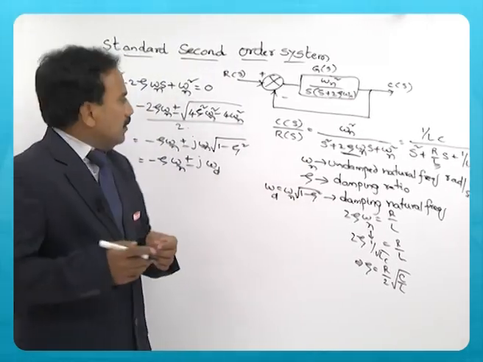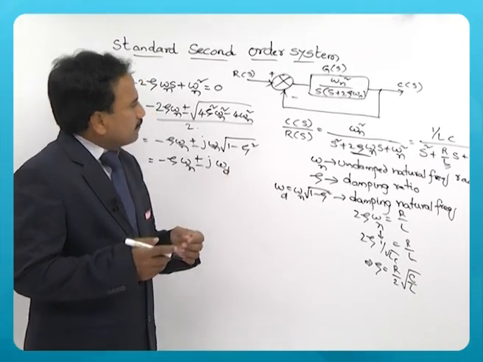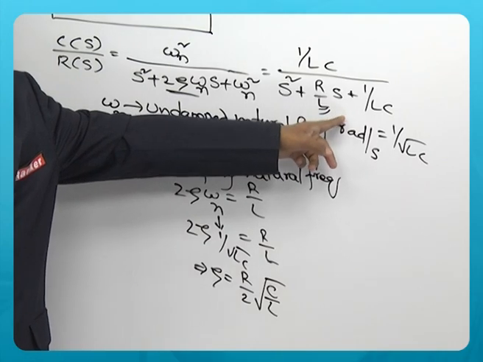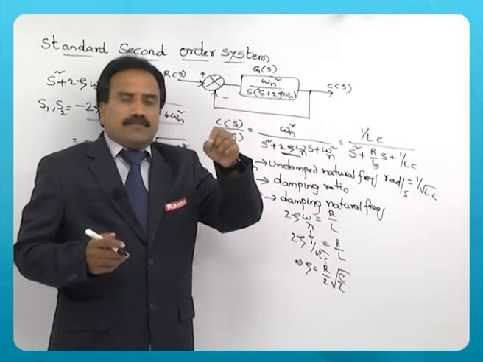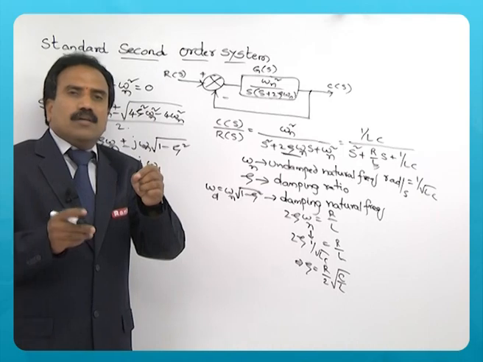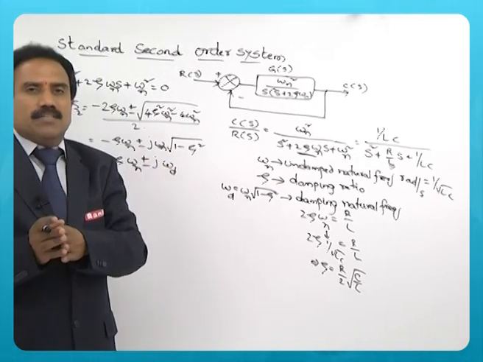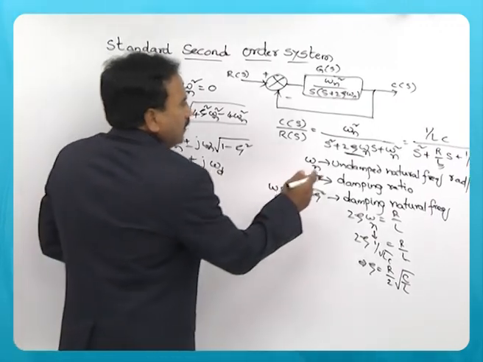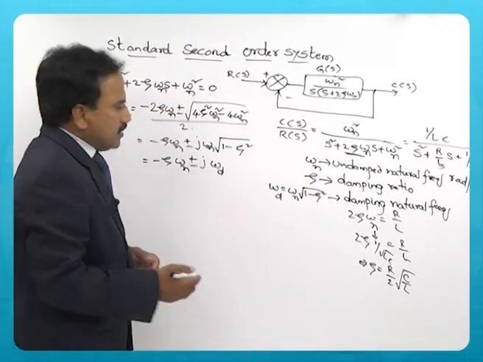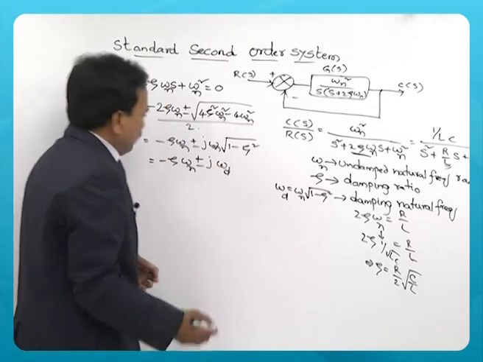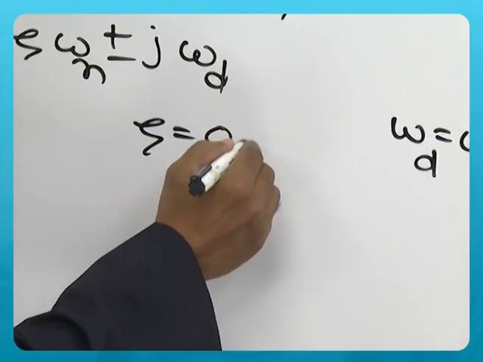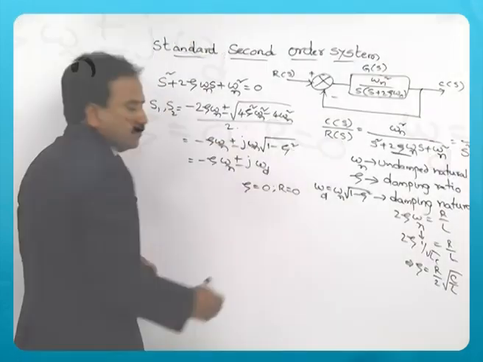So the significance of zeta: recall that for such a second order electrical system, if we ignore resistance and only L and C are present, then zeta is 0 when R is equal to 0.